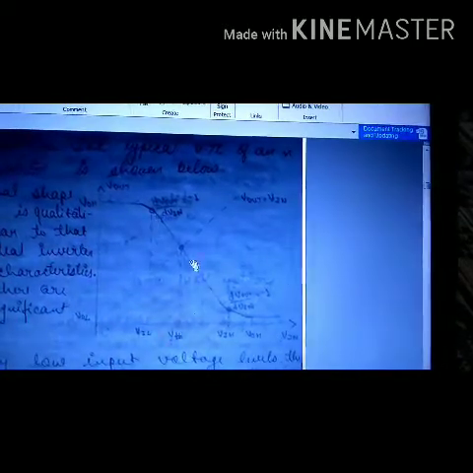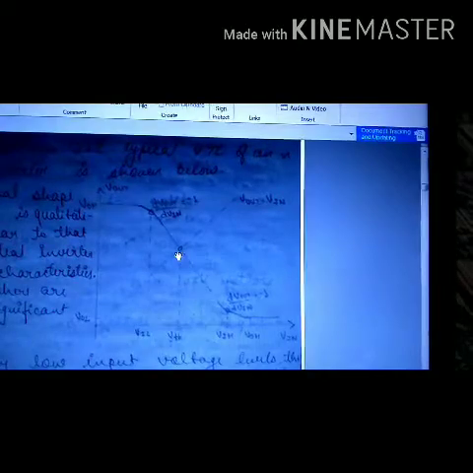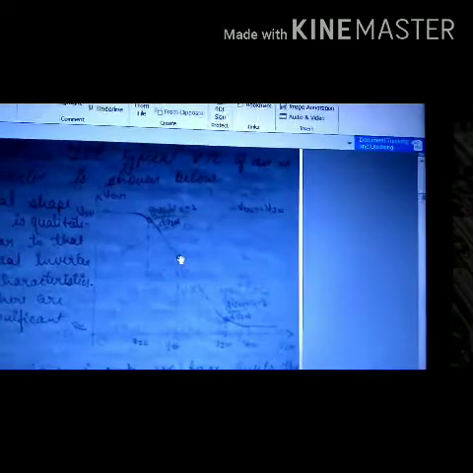It is defined as any point on this curve at which V out and V in are both equal. It can be taken at a 45-degree angle on the transfer characteristic, where a 45-degree line cuts the transfer characteristic. That will be the point for VTH.